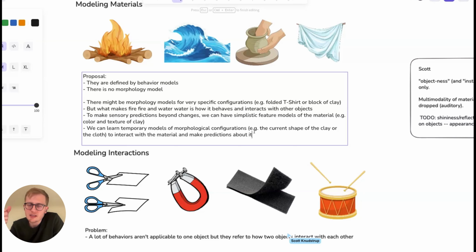And then another part of it is that you can have pretty rich local features that aren't morphological, like you say, Vivian, like the texture of cloth or the texture of water, and those are in some sense model-free features that you extract, and those can be quite diagnostic as well. I guess the question is, are they in separate learning modules or are they in the same learning module? That's the only point we should talk about here.